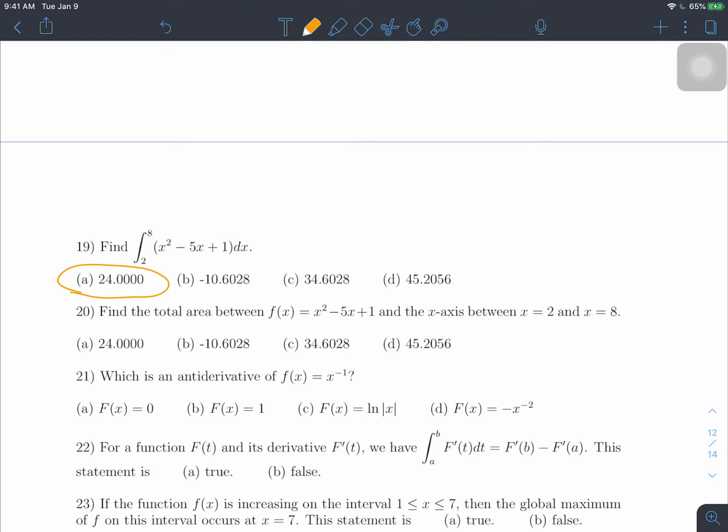So this could be factored, by the way, as x minus 2 and x plus 3, I think.